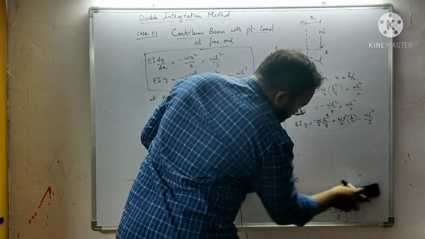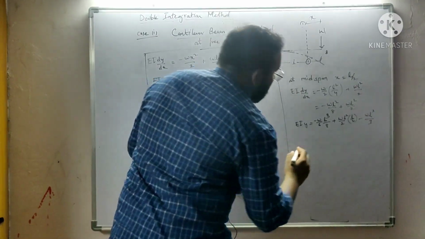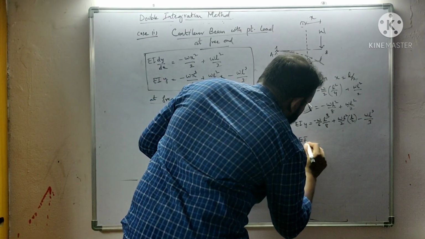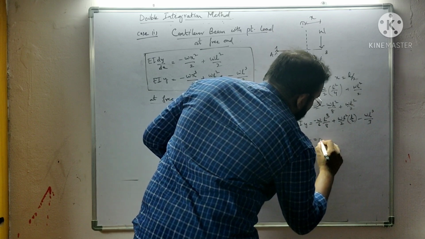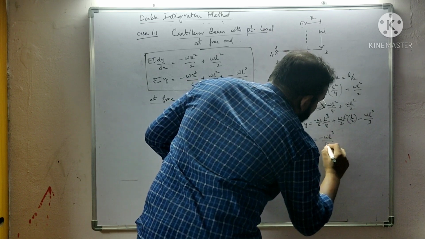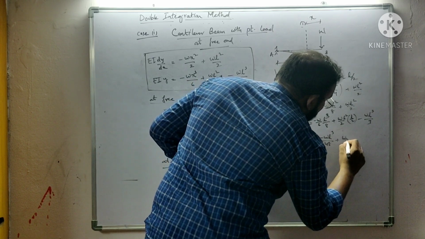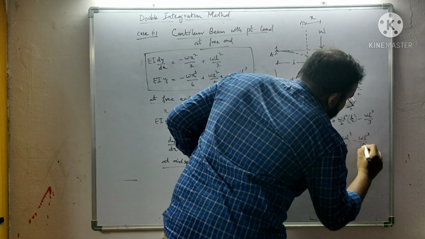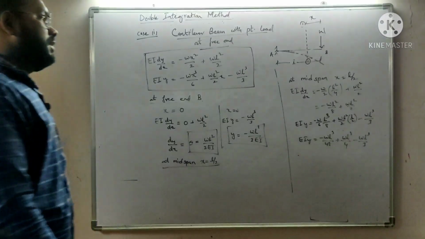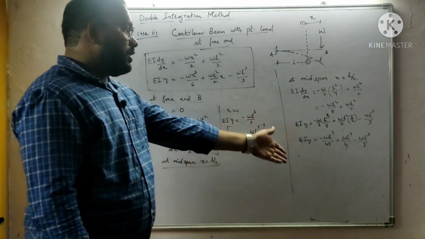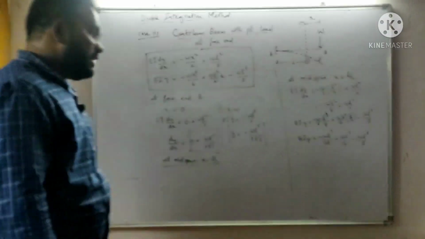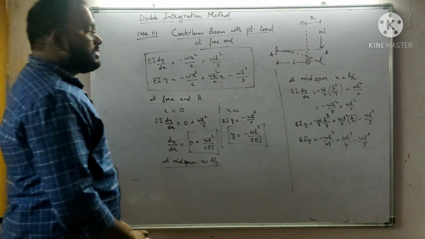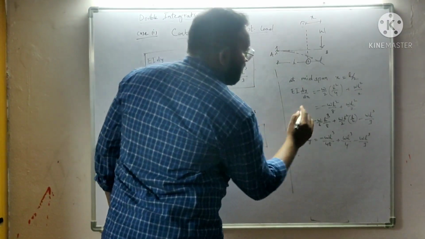So again, EIy is equal to minus WL cube by 48 plus WL cube by 4 minus WL cube by 3. If you simplify this one, on simplification, you can calculate the slope and deflection at the midspan of the beam.